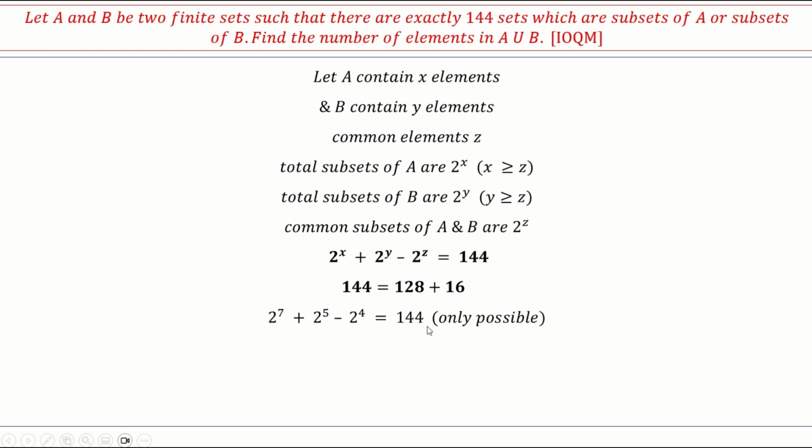This is the only possibility. With this, I get x equal to 7, y equal to 5, and z equal to 4. So the number of elements in A union B is x plus y minus z, which is 8. So there are 8 elements in A union B. Hope you understand. A little bit tricky, but a very interesting problem.